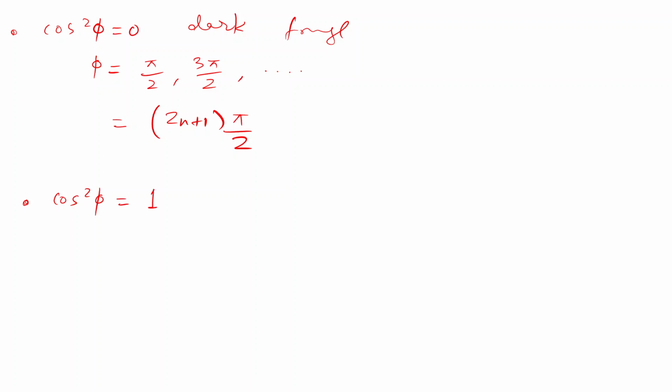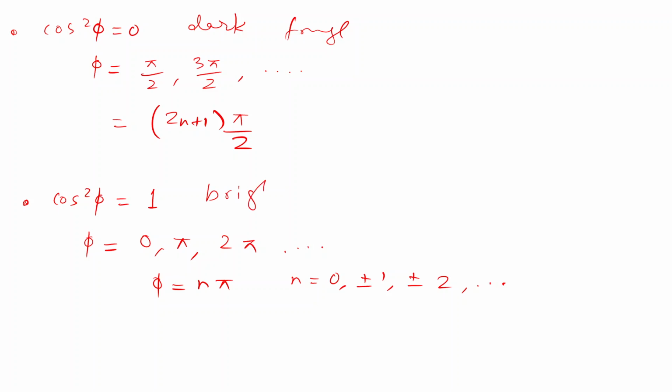The maximum value cos square can give is 1, and we get 1 when phi is 0, pi, 2 pi, and so on. That means phi is just a multiple of pi, n pi, where n is 0, plus minus 1, plus minus 2 and so on. This is the condition for bright fringes.